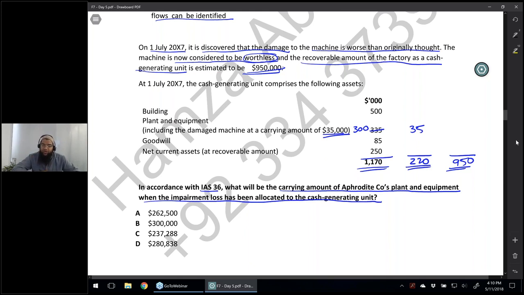So 35 million of loss taken to the machine, 85 taken to goodwill, net assets has no loss. So 250 and 0. Now, how much loss is left if we see 220 minus 120? So the remaining loss is actually 100.